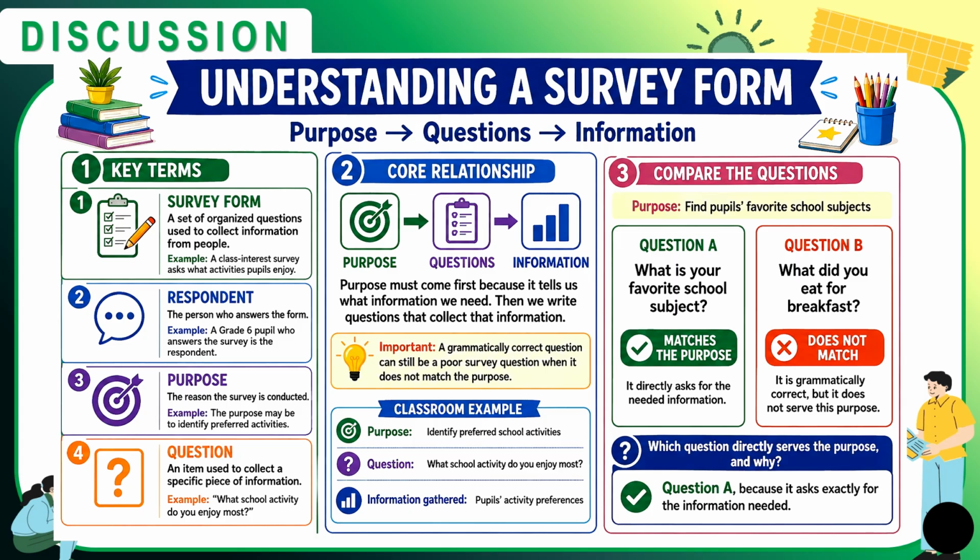We first decide what we need to know and then write the questions that will give us what we call information. So that is the purpose, question, information relationship. A good survey question should always support the purpose.